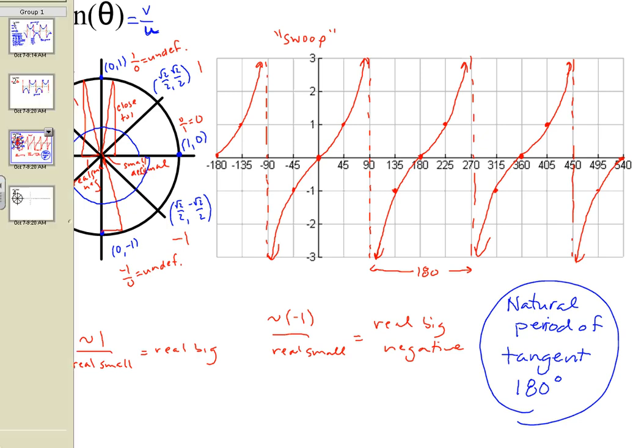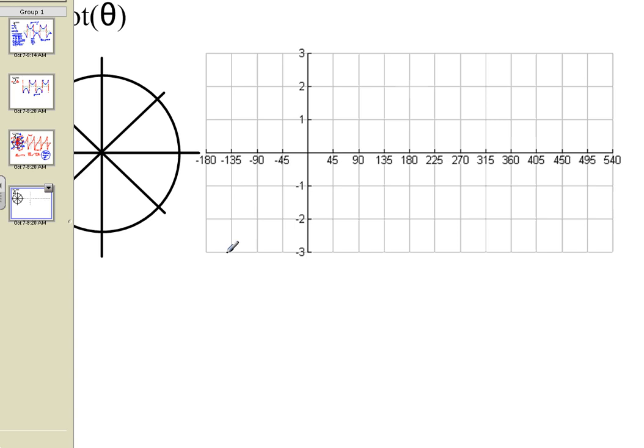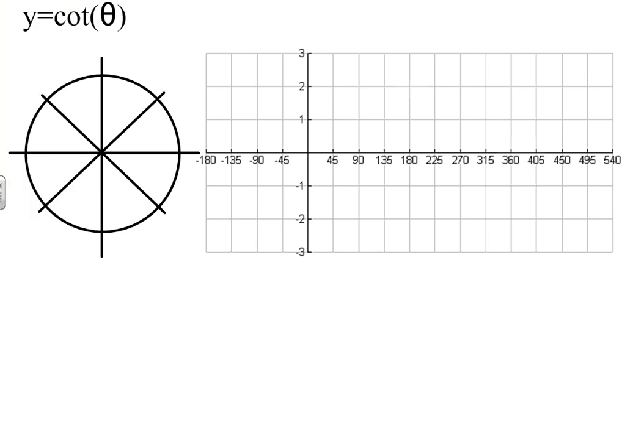Let's look at cotangent, and we can go pretty fast with cotangent because we already did tangent. So remember, cotangent is u over v. So if I think about the unit circle, I'm going to get asymptotes where v is equal to 0. And I'm going to get zeros when u is equal to 0.